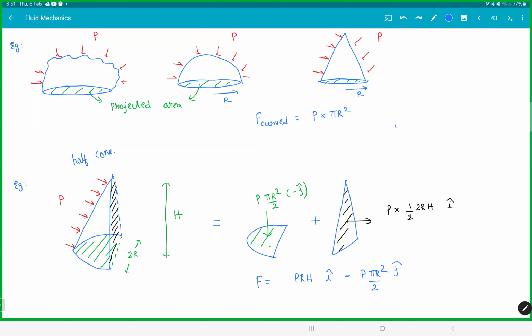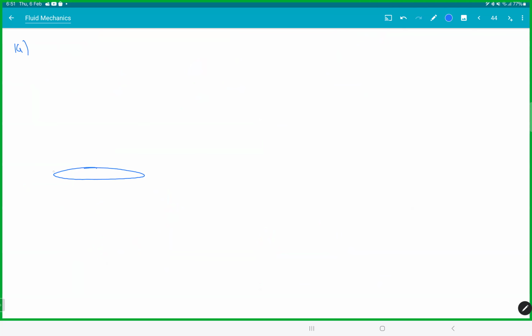All this works because P is constant, so it is good. But what if I give you something like this? If P gets messed up, then what do you do? So let's say we have a hemisphere filled with liquid, density rho.